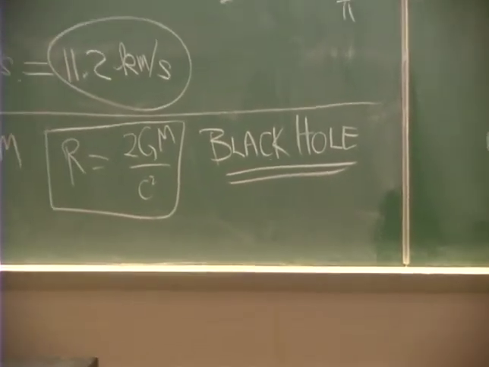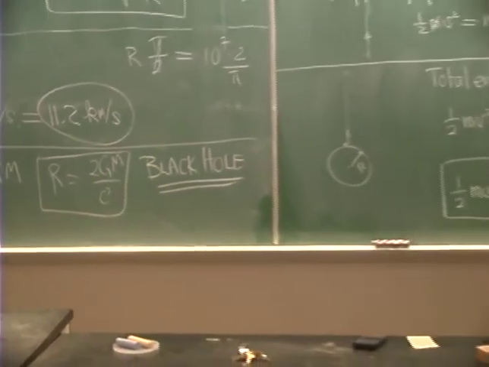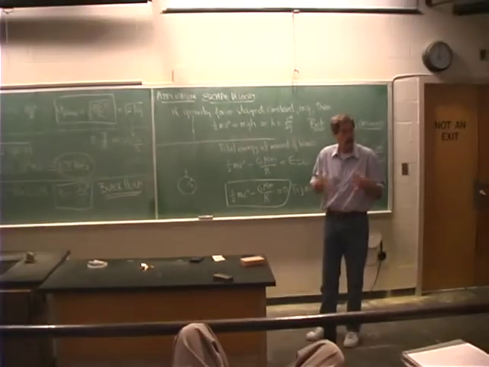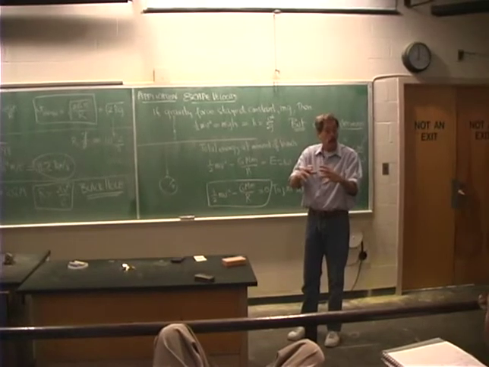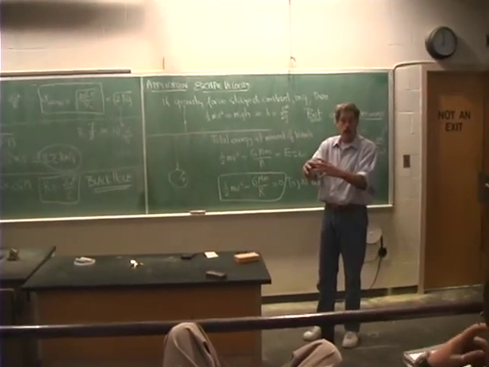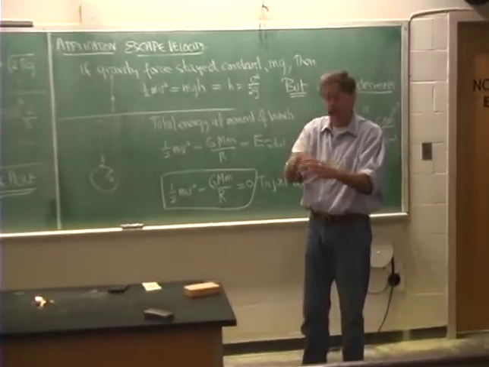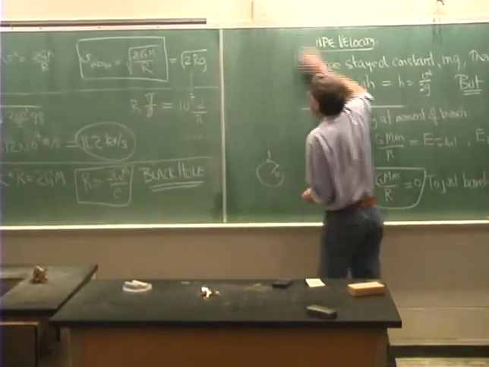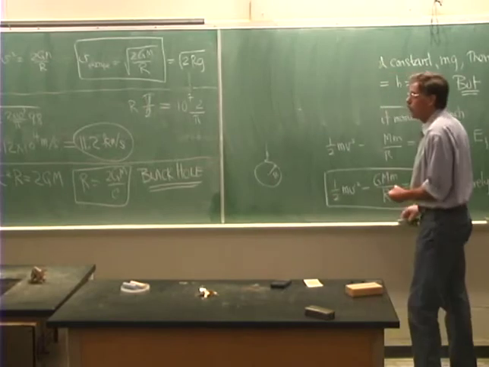It is an object so compressed that the escape velocity is equal to or greater than the speed of light. Then nothing can get out of that thing, and it would look black from the outside, because no light can ever get out of it.